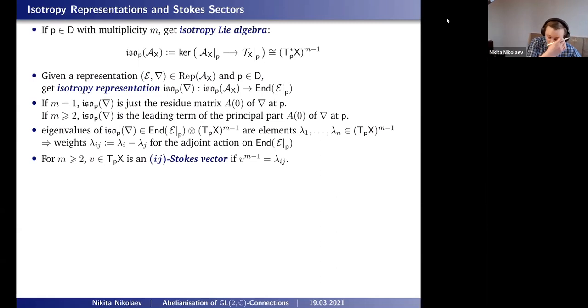So we introduced this concept called a Stokes vector. So it's a preferred, some kind of distinguished direction in the tangent space of x at P. And you define them like this. So a tangent vector V is an ij Stokes vector if, when you raise it to the m minus first power, you get exactly the weight ij.